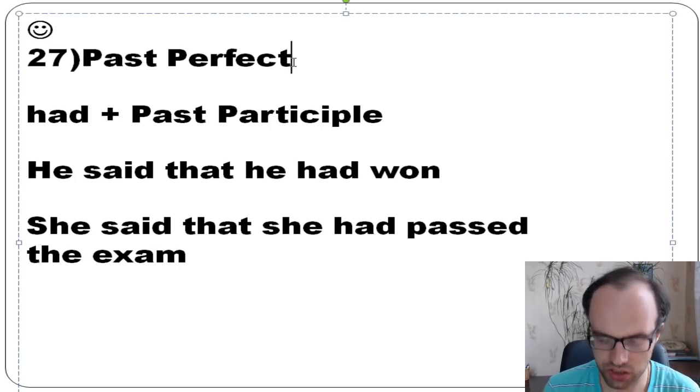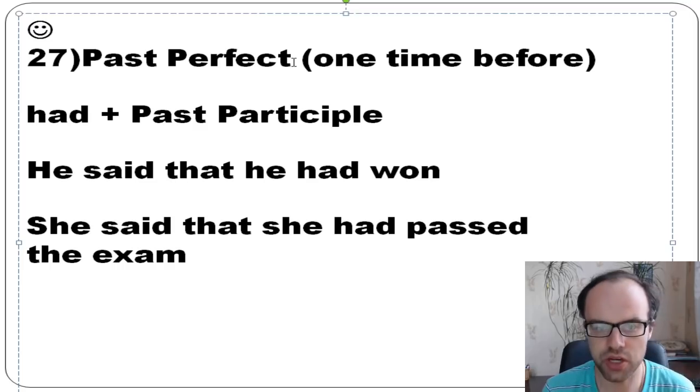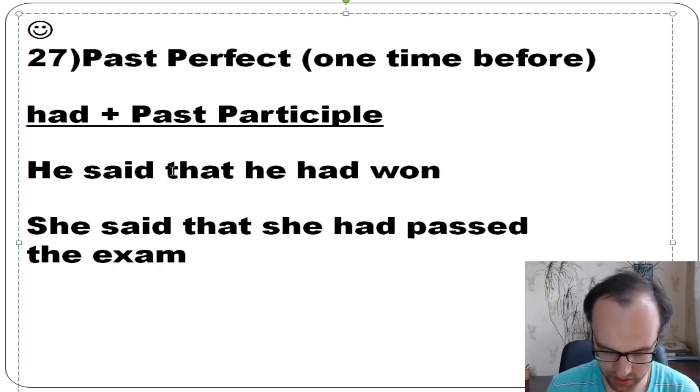Well, so past perfect, yeah? We talked about it, that it's one time before, okay? Had plus past participle. He said that he had won. So first he won and then he said, yeah?